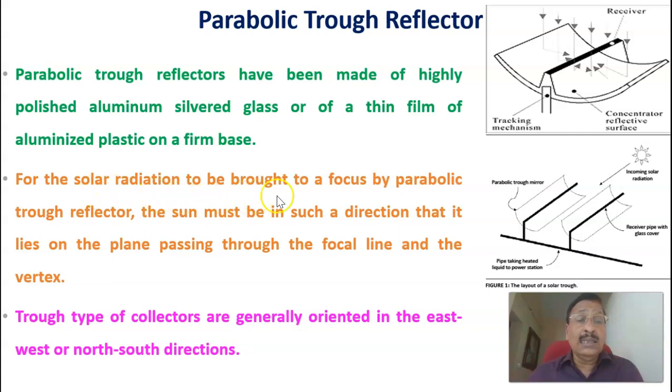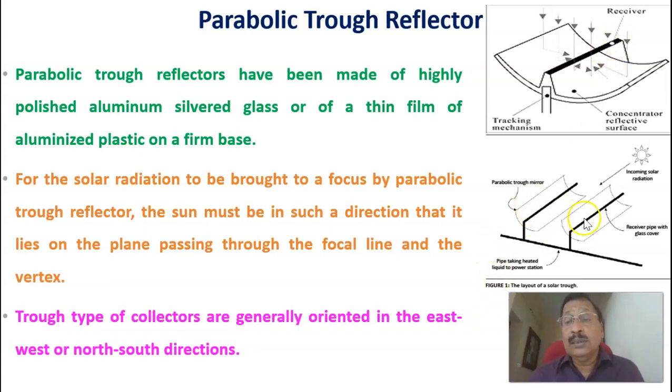For the solar radiation to be brought to a focus by a parabolic trough reflector, the sun must be in such a direction that it lies on the plane passing through the focal line and the vertex. Trough type collectors are generally oriented in east-west or north-south directions. This is a pictorial representation of a parabolic trough reflector that collects the solar energy and focuses it on this line.